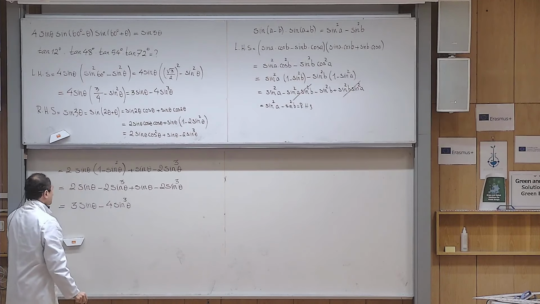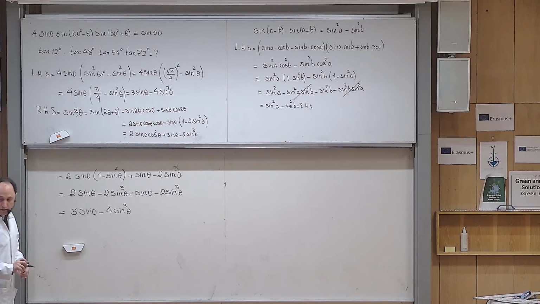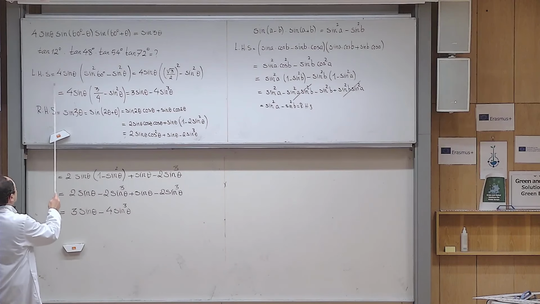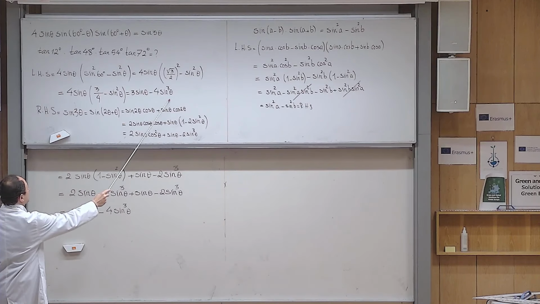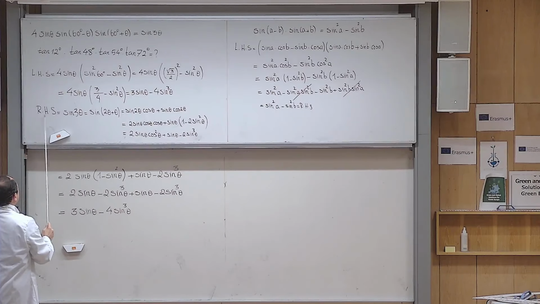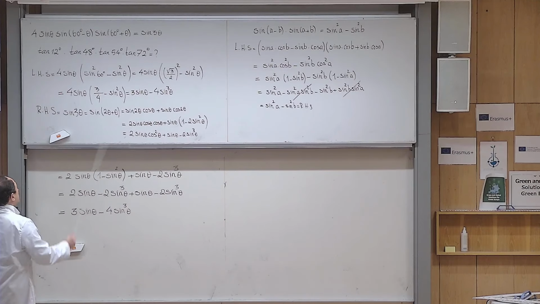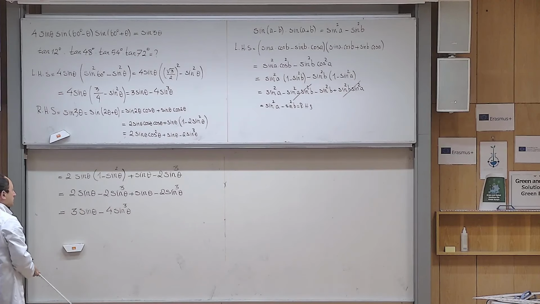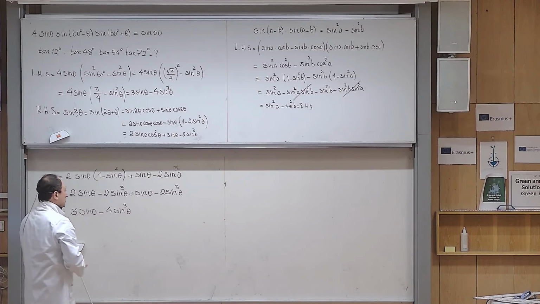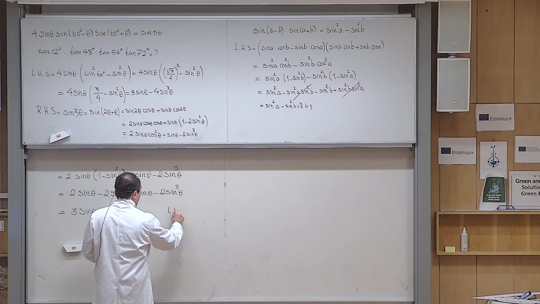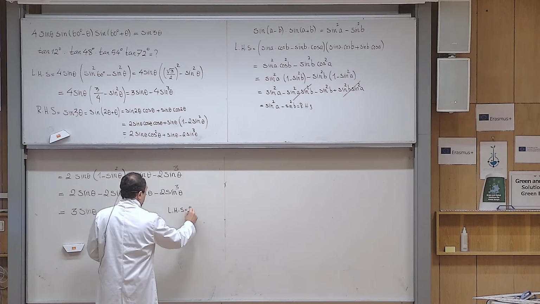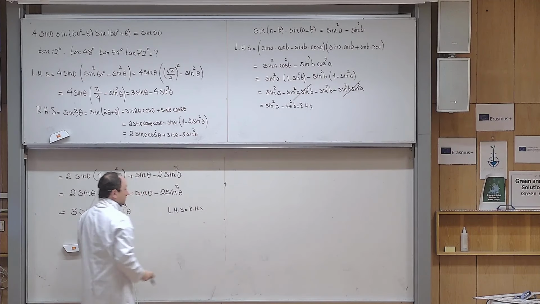Now everything becomes clear, yes? Because when I opened up the left-hand side, I got that expression. When I opened up the right-hand side, I got exactly the same expression. Because the left-hand side and right-hand side are both equal to the same expression, I can conclude immediately that the left-hand side should be equal to the right-hand side. And the identity is proved.